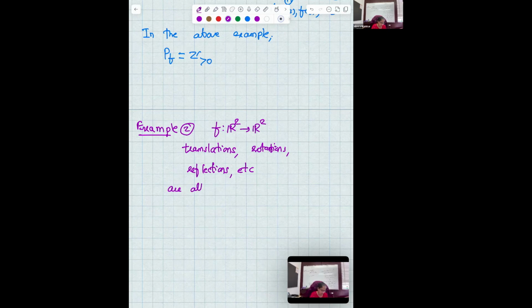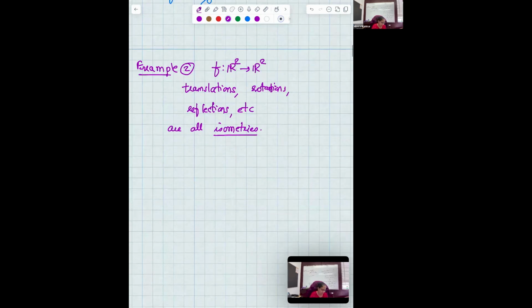So they preserve all distances. Let's say f of (x, y) is equal to (2x, y). So the question is whether you can give me any distance which is preserved. So what is PF in this case?